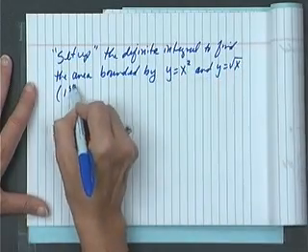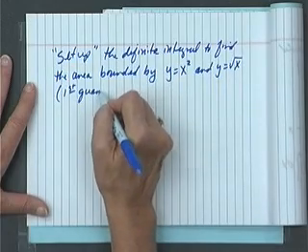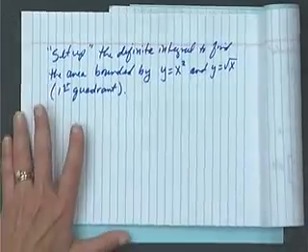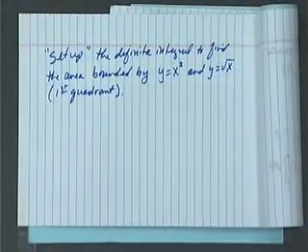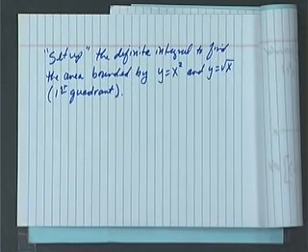And we're only going to look in the first quadrant, which is the only place this really is anyway. All right. y equals x squared and y equals square root of x. I want you to set up the definite integral to find the area between those two curves.